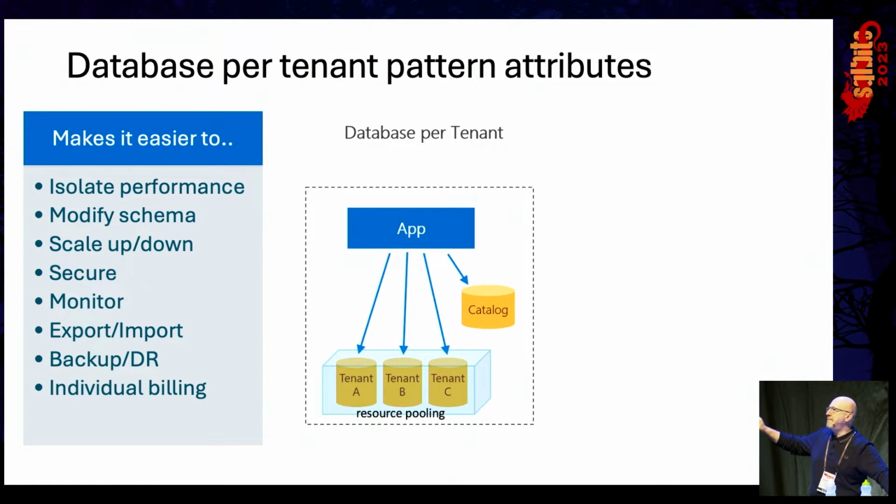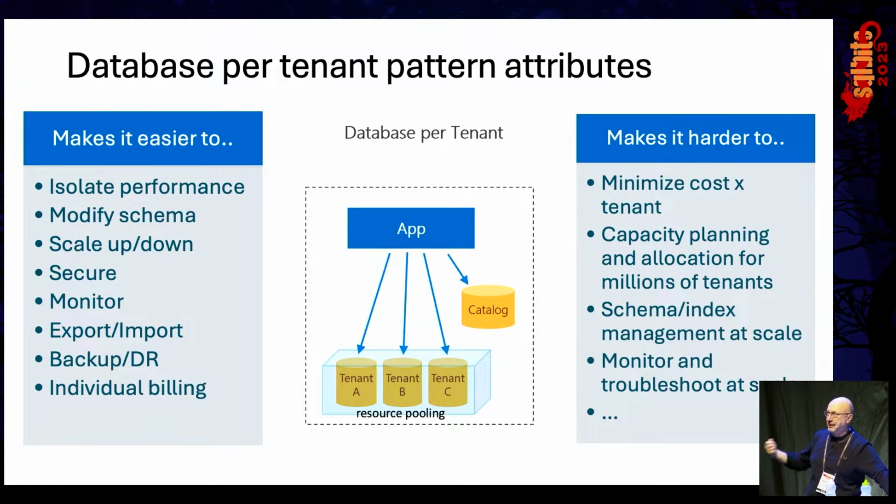All the other maintenance operations like backup, restore, export, import data are easier than in an equivalent real multi-tenant schema because those are effectively separated databases, right? So I can operate on a database pretty much independently.